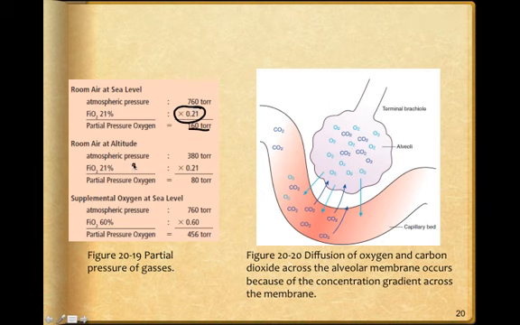Room air at altitude, atmospheric pressure. If the atmospheric pressure goes down, in our previous model this was 760, now it's 380, and this would be like if we were at altitude and we multiply the amount of FiO2. Instead of 160, we get essentially 80.